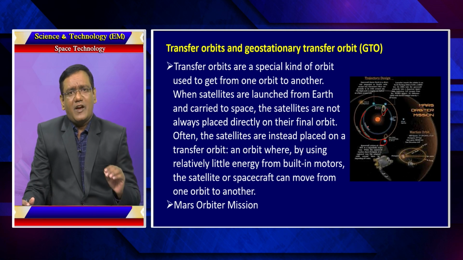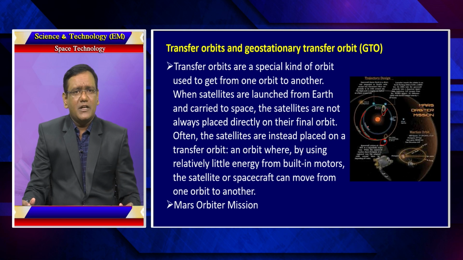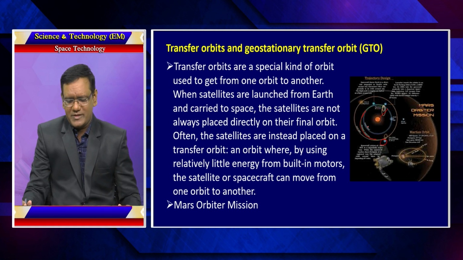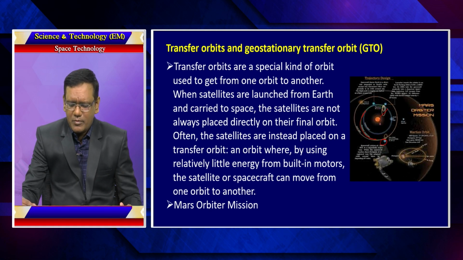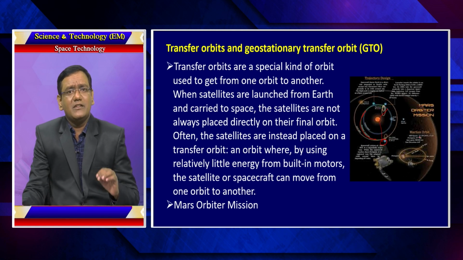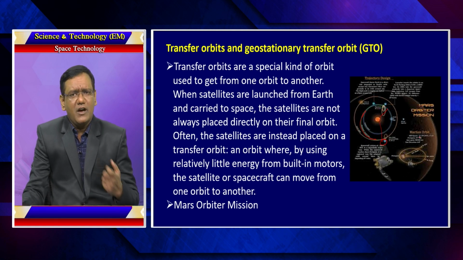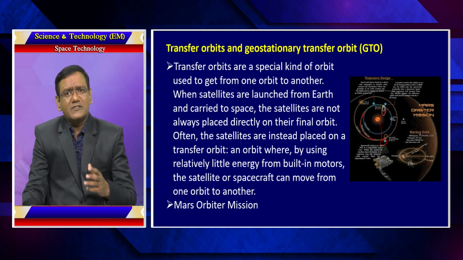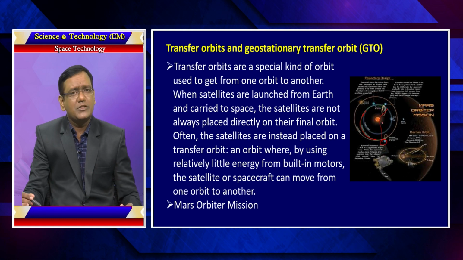When satellites are launched from the Earth and carried to space, the satellites are not always placed directly on their final orbit. You cannot place an orbit directly here itself because of many technical issues, because we may not have that much power to send a satellite from here to here.